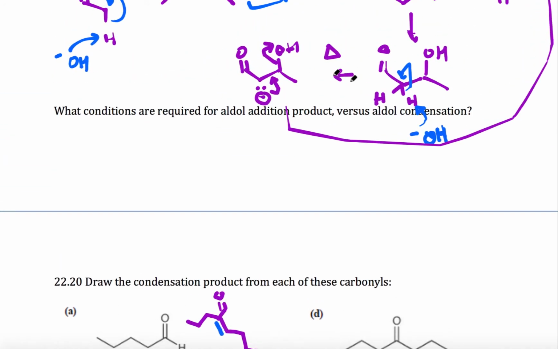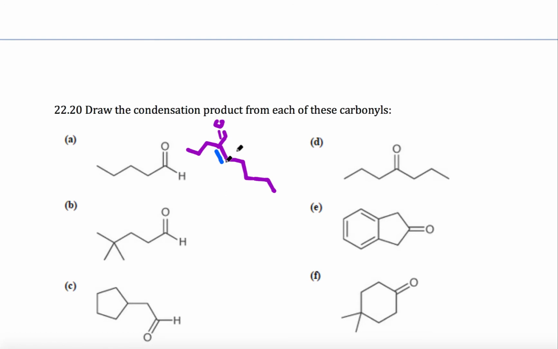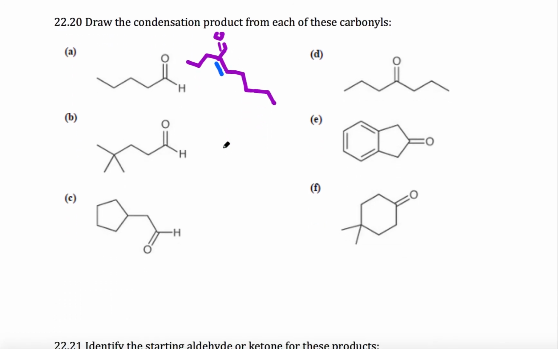Okay, so I'm picturing this going on, the alpha enolate, and then it comes in and it releases. And you'll notice that aldol condensation is always conjugated. It's always at the alpha beta. It's called an alpha beta unsaturated carbonyl. So that's how we get those. So you want to make sure your pi bond is alpha beta. All right, go ahead and give these a try, and we'll check our answers.